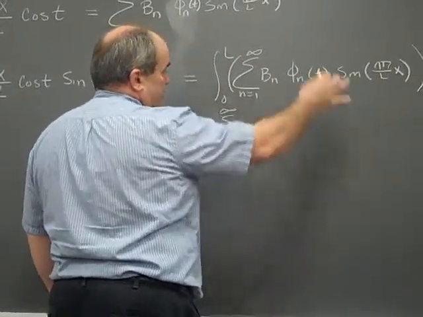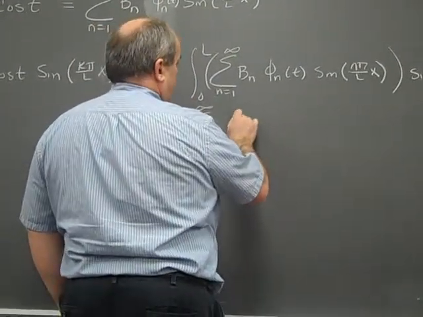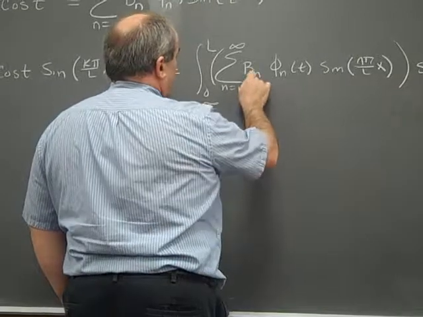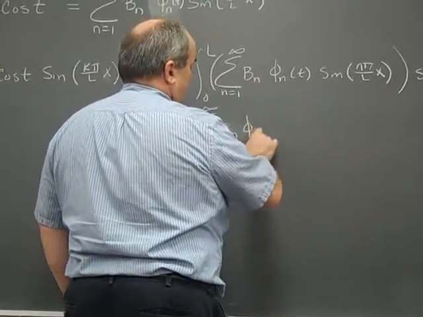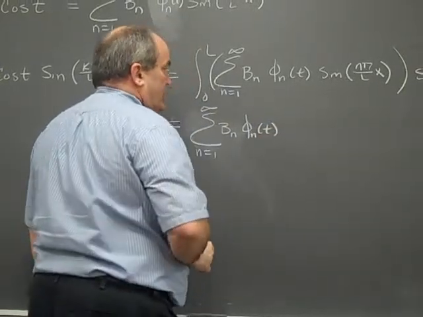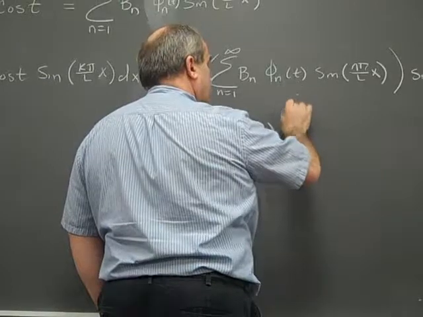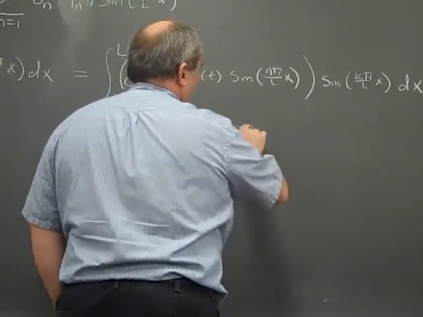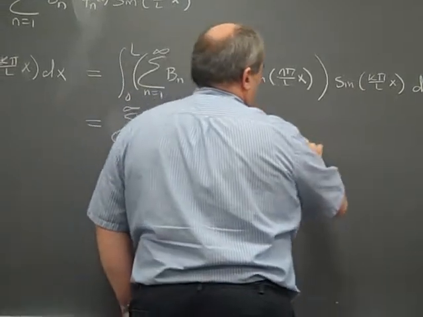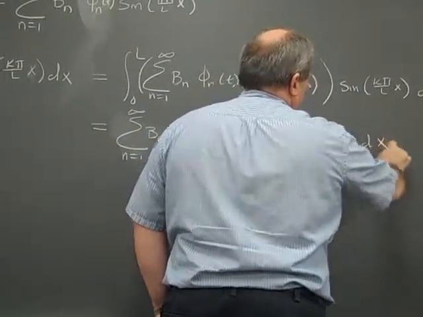Our functions are nice enough that we can get away with it. And then we have the b sub n and the phi n of t, which aren't influenced by an integral over x, and so we get the integral from 0 to L of sine of n pi over L x, sine of k pi over L x dx.